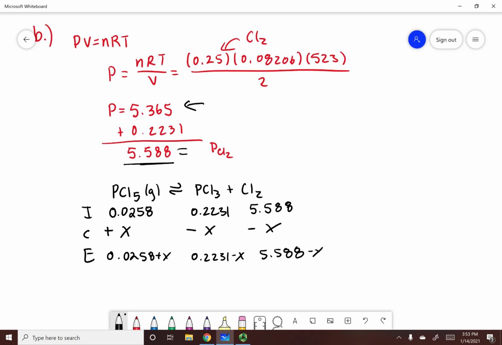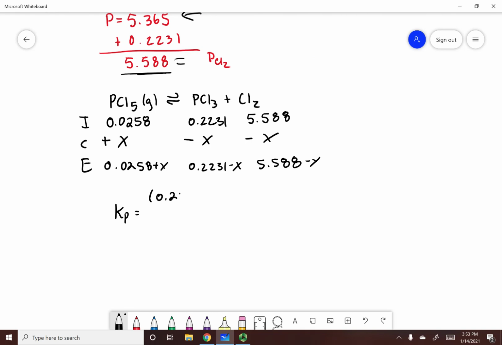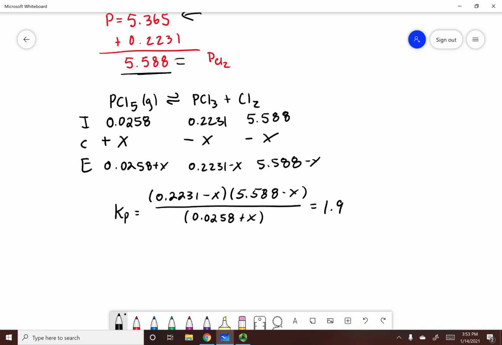So now what I can do is I can set it equal to my Kp. So I'm going to do the same thing I did last time. I'm going to put my products divided by my reactants, and I'm going to set this to a Kp value. Now in part A, I calculated that Kp. You guys can scroll up and see that this was 1.929.